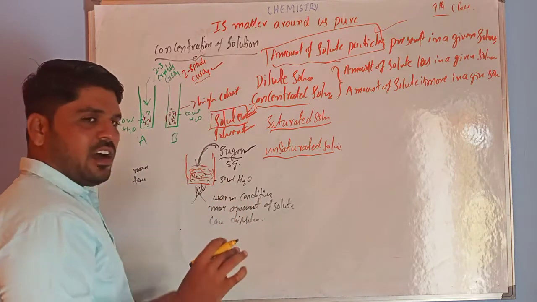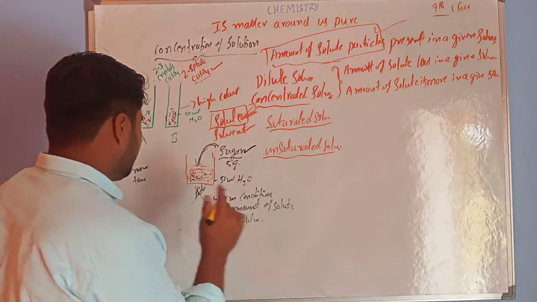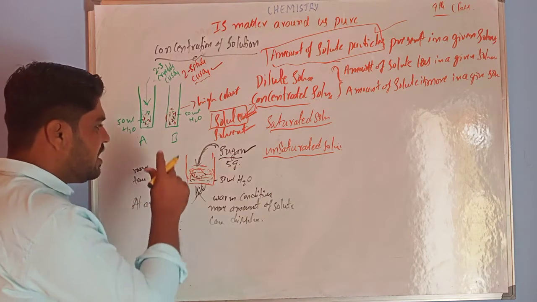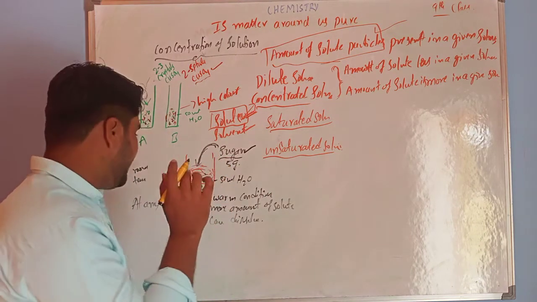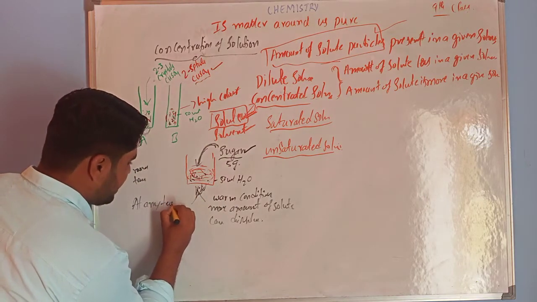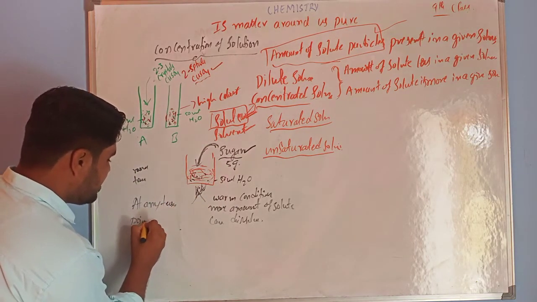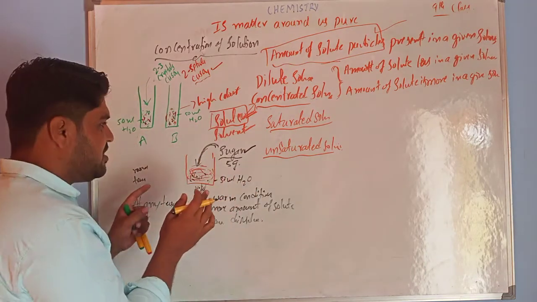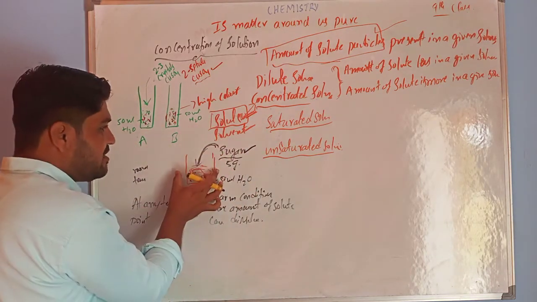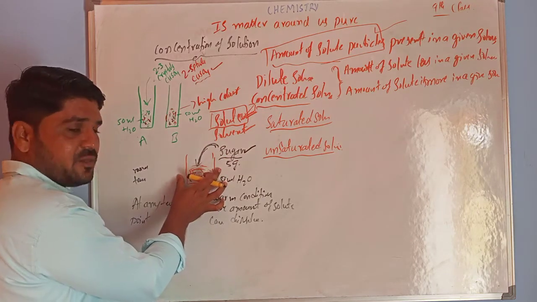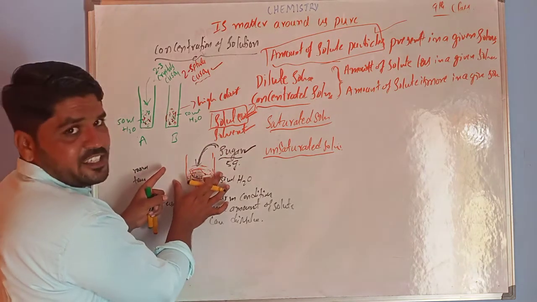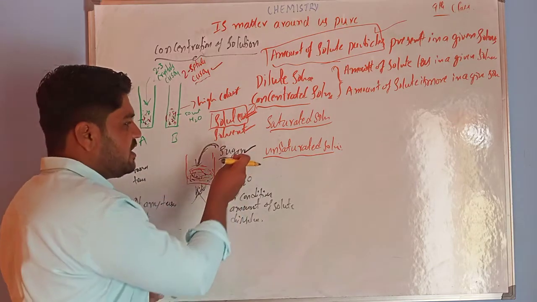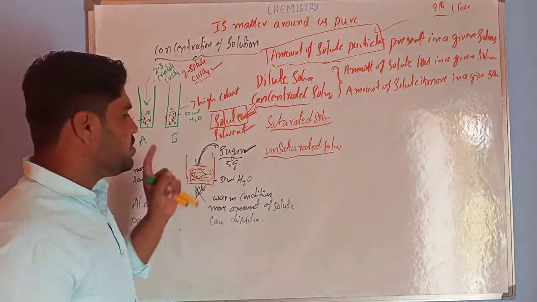At any temperature, we recognize the point where no more solute can be dissolved at that particular temperature. Already this is a concentrated solution. So for this concentrated solution, I add some more solute, that is sugar. Solute is sugar.